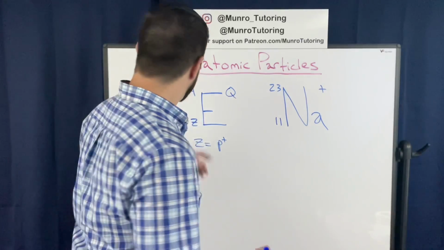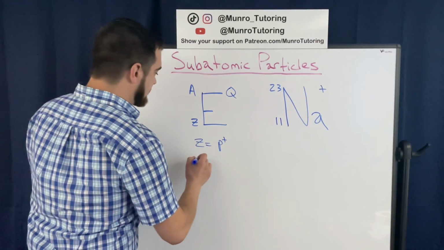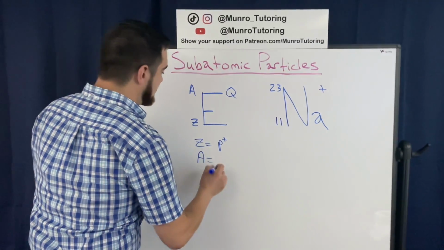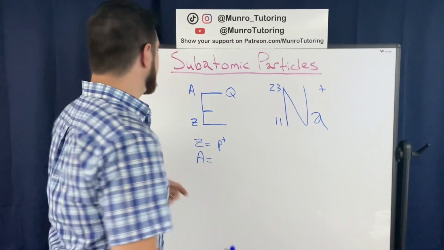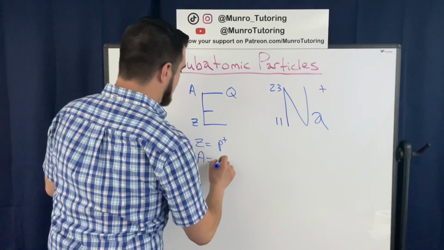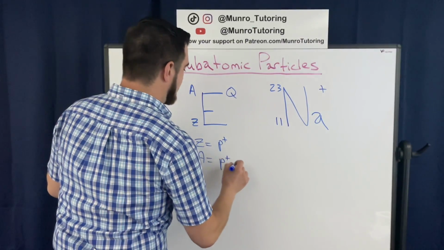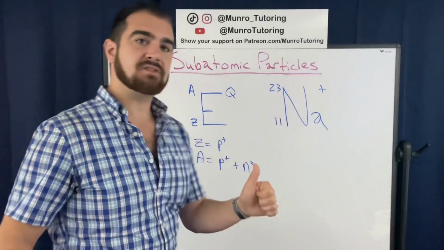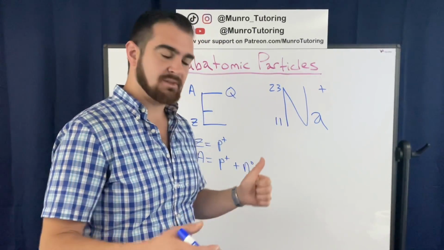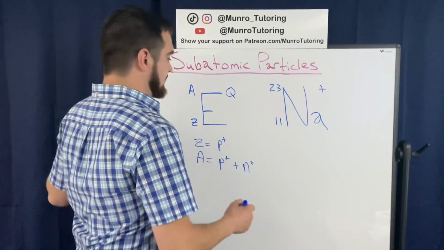So then, if you look at our mass number, this is equal to the number of protons and the number of neutrons together. Now, that may sound arbitrary, but the reason is because a proton has a mass of approximately 1 atomic mass unit.